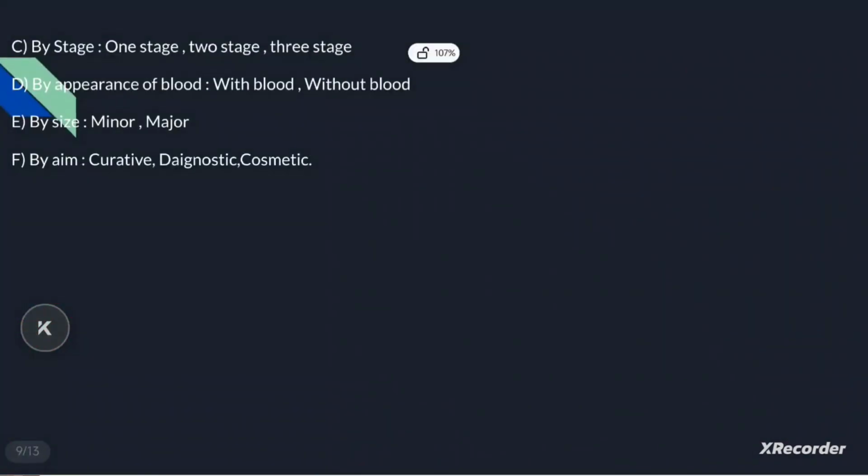Now next is by stages. Now there are three kinds of stages: first, second and third. The first stage is used to eradicate the illness, such as cholecystectomy. Second stage operations are performed when the patient's condition does not allow removing the pathology at once, or for other reasons. For example, adenoma.